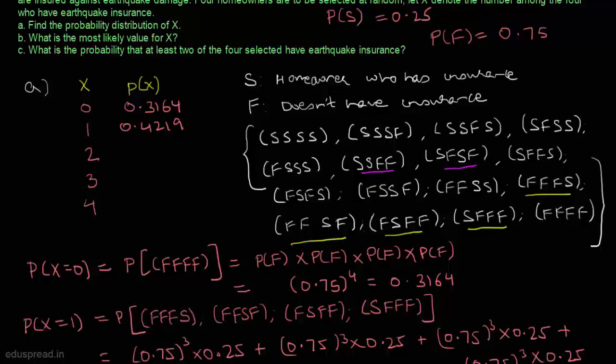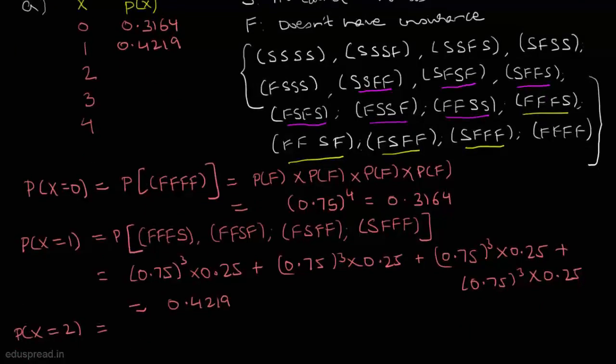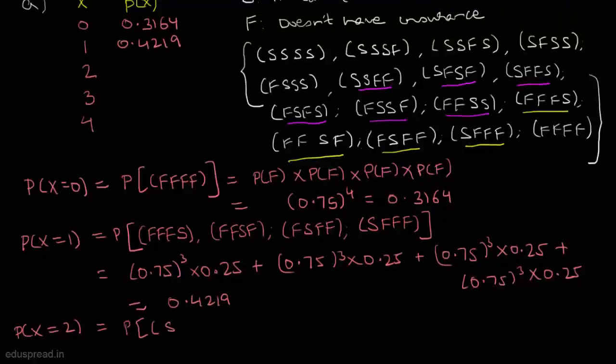In this outcome we have 2 S, in this outcome, in this, and in this. So there are total 6 outcomes with 2 S. We can write all these outcomes here, and the outcomes are S, S, F, F, S, F, S, F, S, F, F, F, and you can write the other 3 outcomes as well.